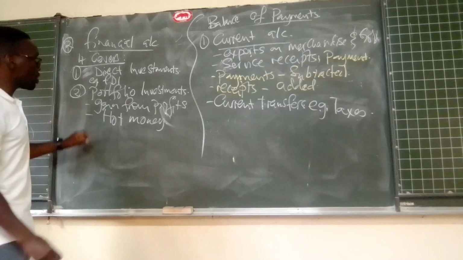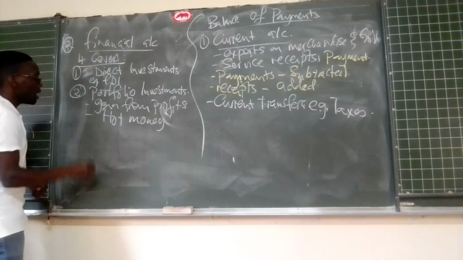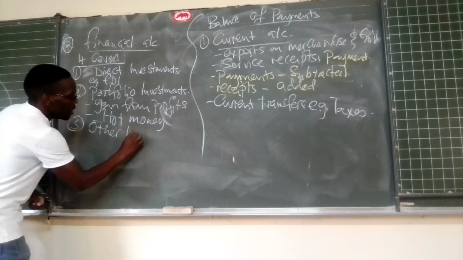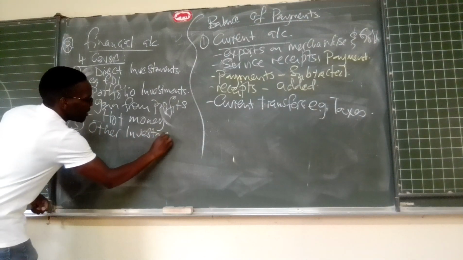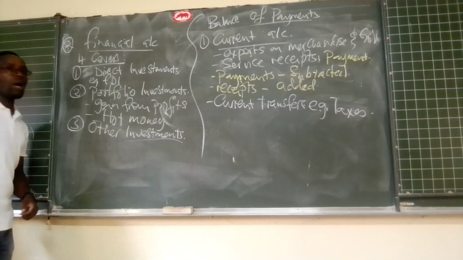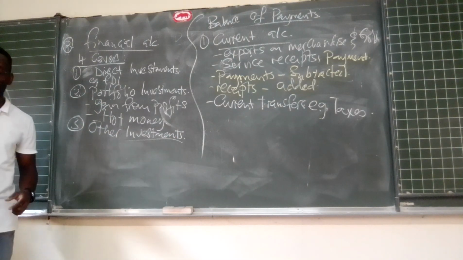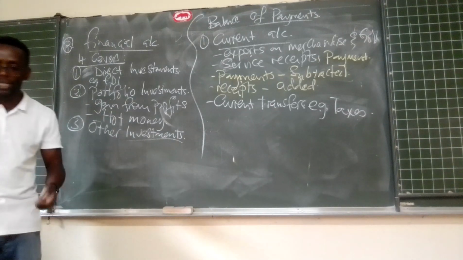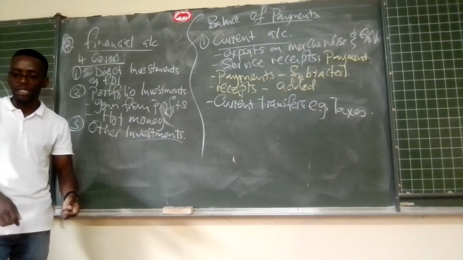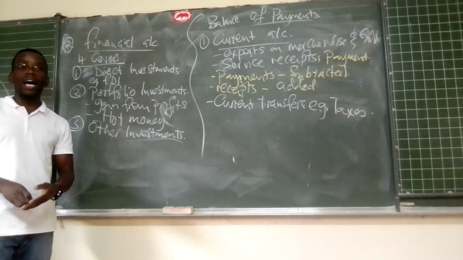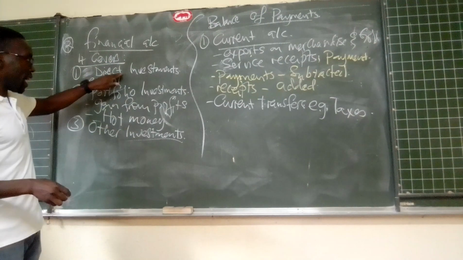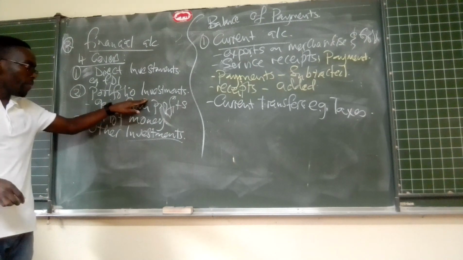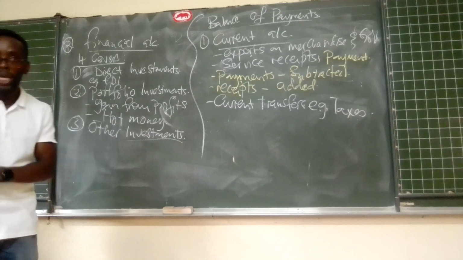Okay, and then the last component of our financial account is what is called other investments. Now, other investments, this is where we are going to record all other financial transactions like loans or even things like short-term deposits that are not considered to be direct investment, or that are not considered to be forming part of the portfolio investment.